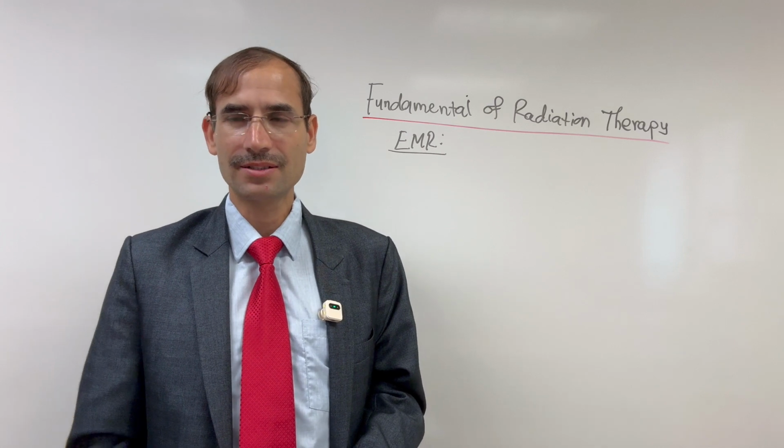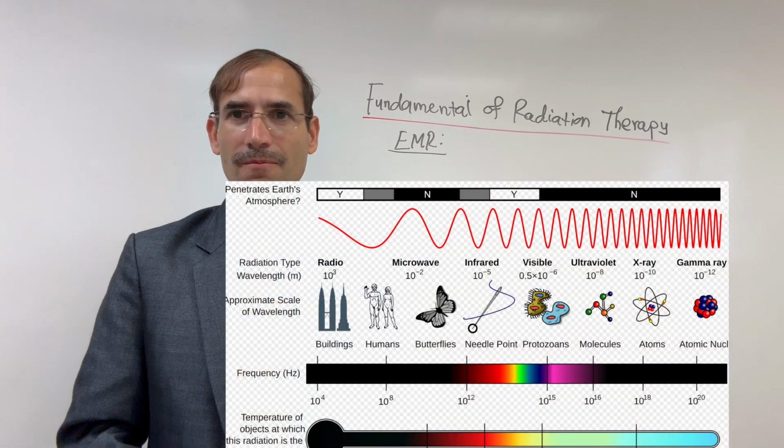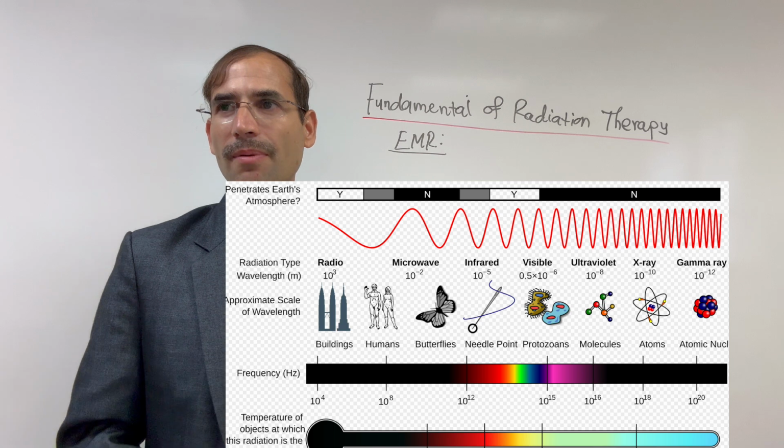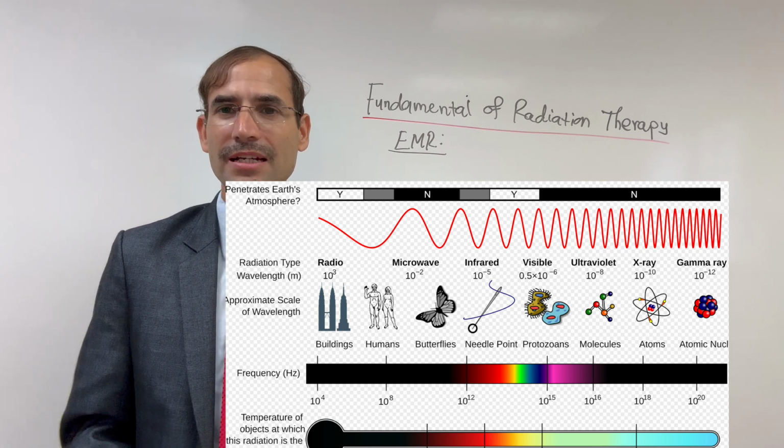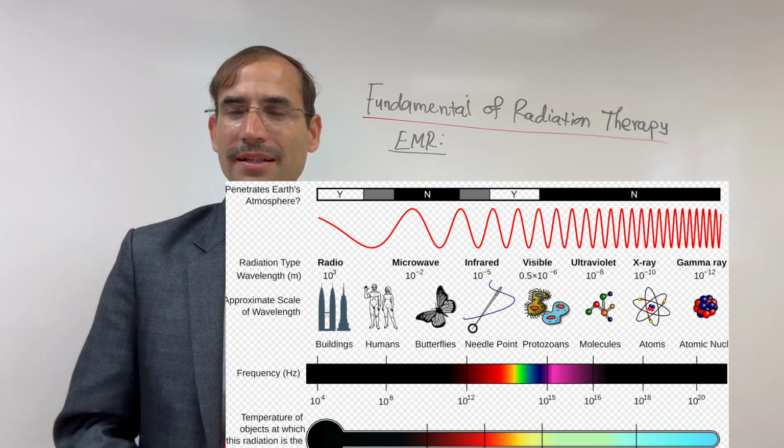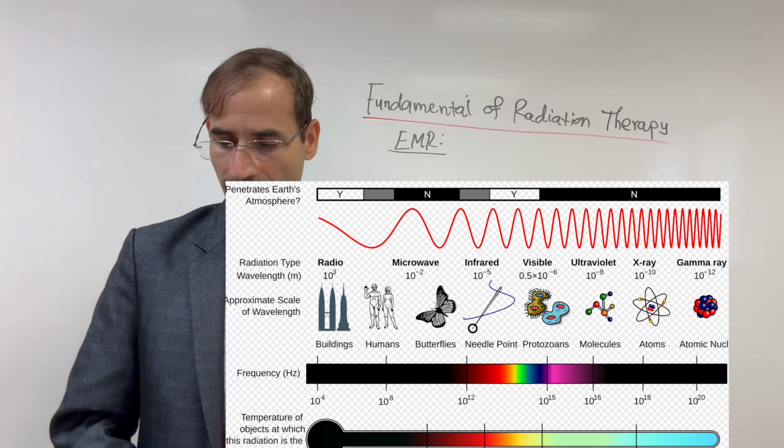You can see in this picture the different spectrum of radiation, from very short wavelength to long wavelength, and from low frequency to high frequency. Depending on their frequency and wavelength, their energy is different, as you can see here.